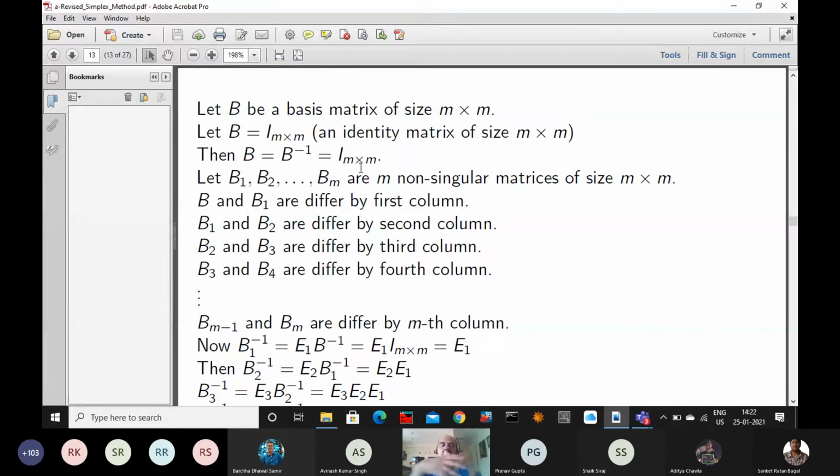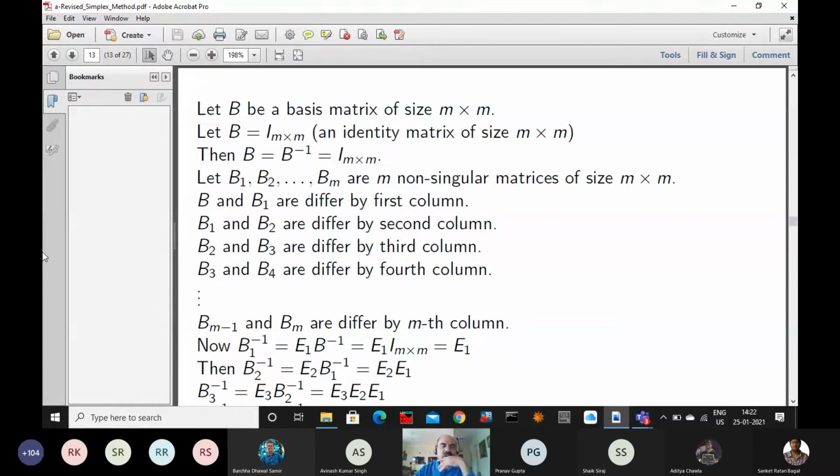Now, in some linear programming problems, one iteration is enough. For some, 2 iterations are enough, for some, 3 iterations. It depends on the size, so it depends on the data. Here we are not changing all the columns. If there is only one column difference, then how do we proceed?